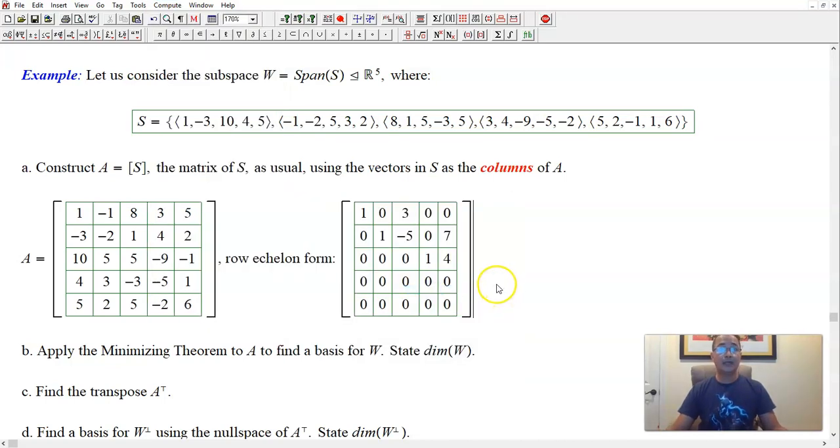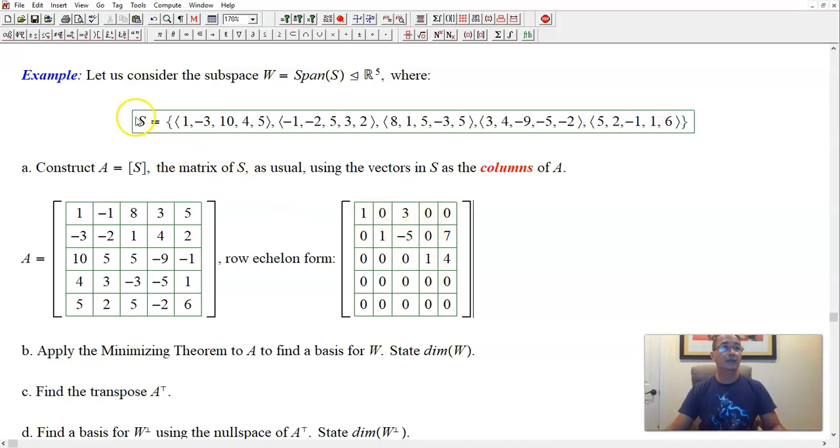Okay, so there is our RREF. So we have leading variables in columns 1, 2, and 4, and our free variables are in columns 3 and 5.